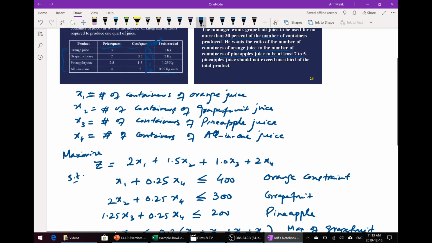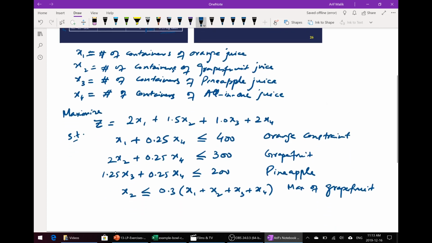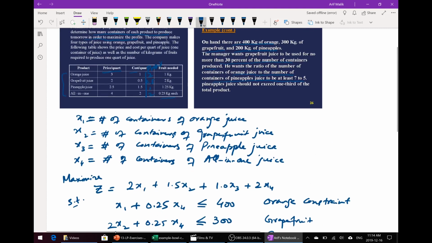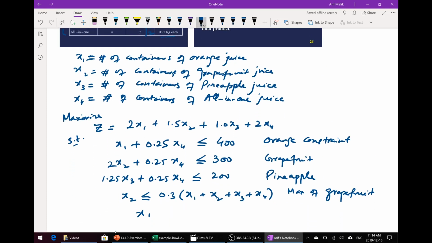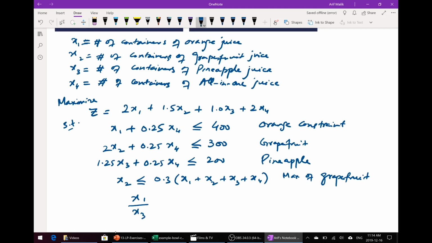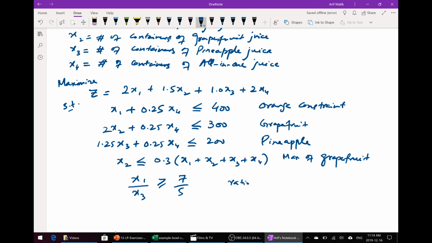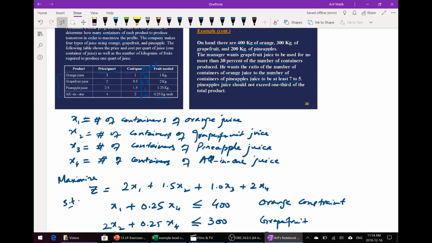So, orange juice to pineapple juice: x1 over x3 should be greater than or equal to 7 over 5, the ratio of orange to pineapple, at least 7 to 5.